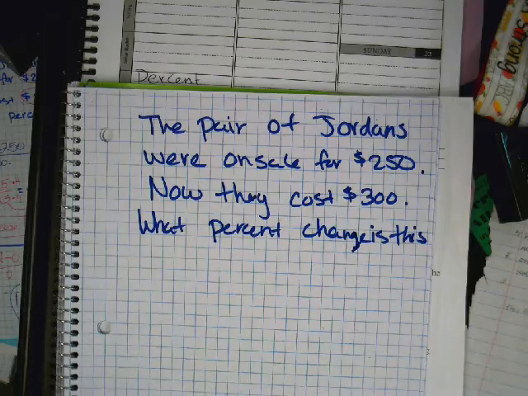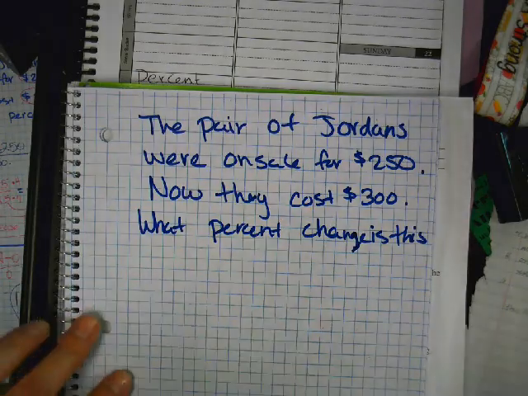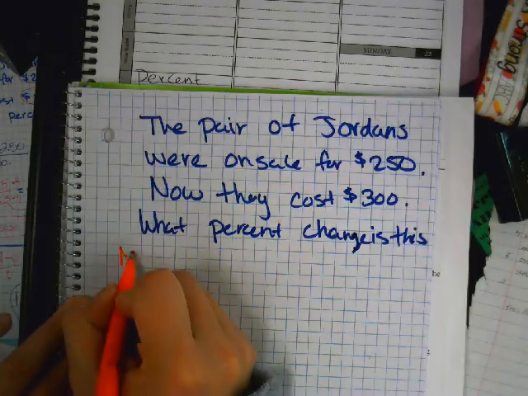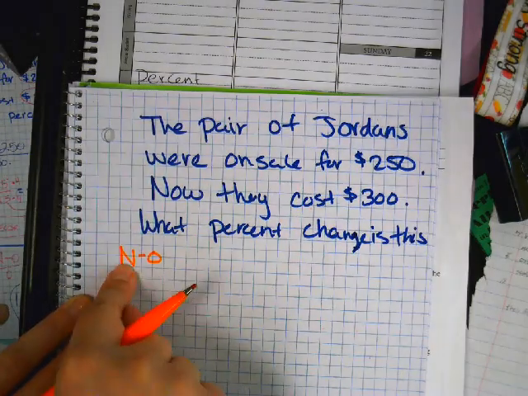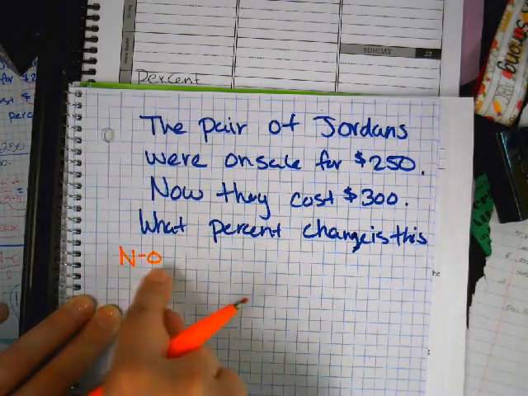What number comes first? New or the old? New. What goes at the bottom? New or old? Old. Okay. Here's how I remember it. You have to spell the word no. N-O. What does the N stand for? New. What does the O stand for? Old.